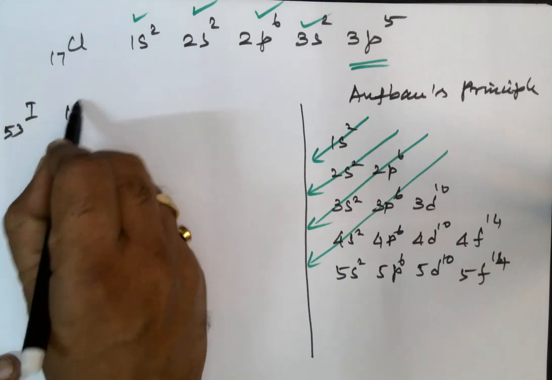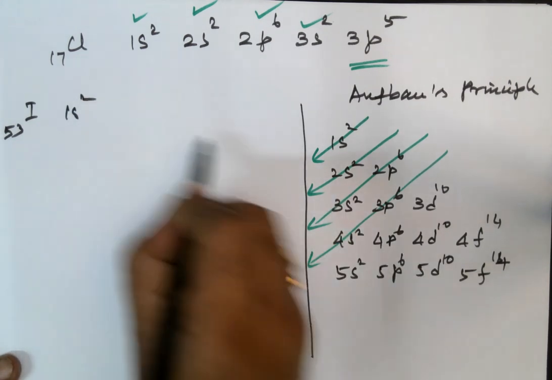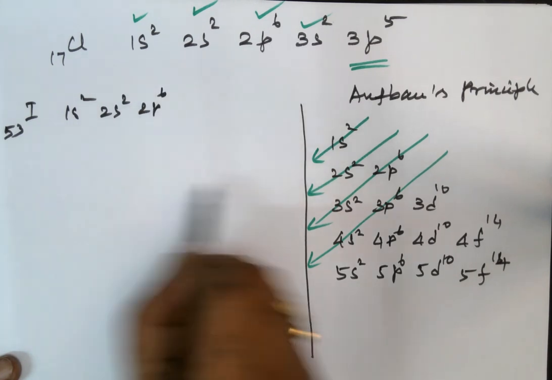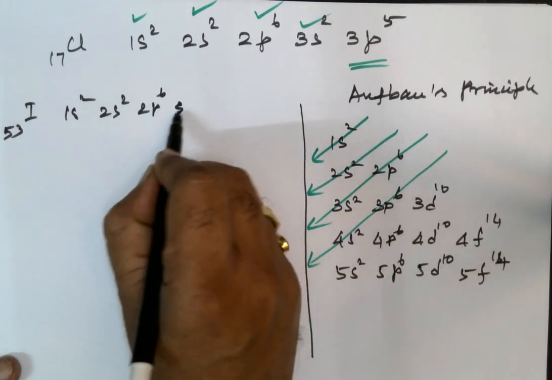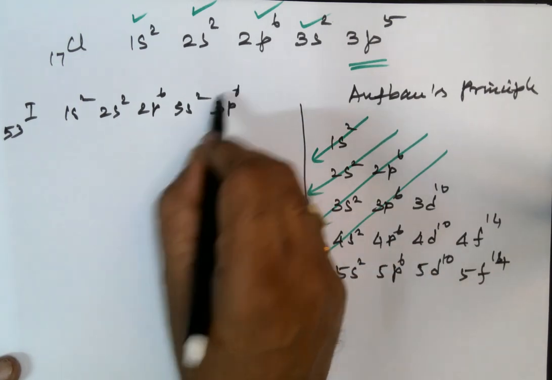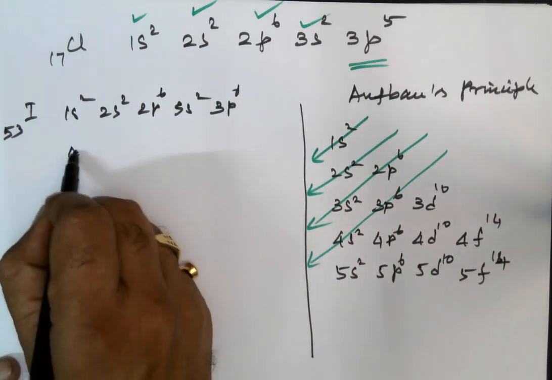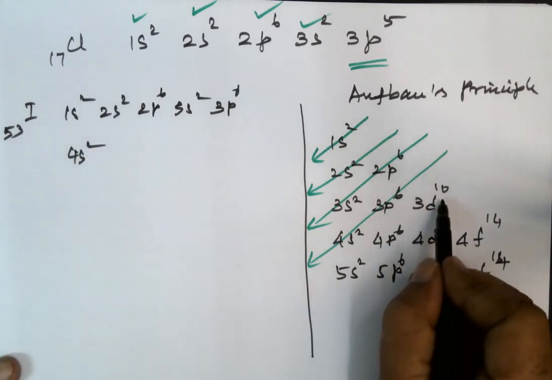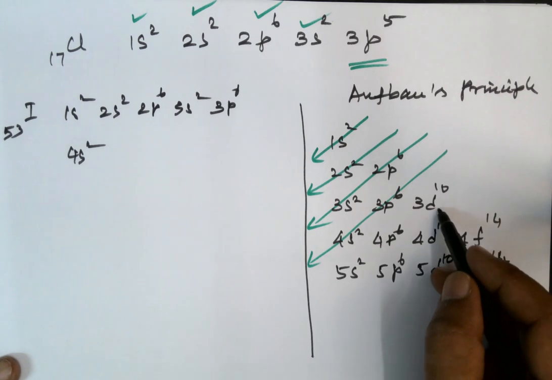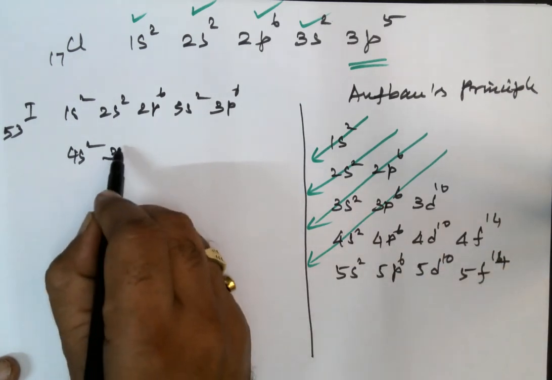Now let us try this. 1s2, 2s2, 2p6, and then 3s2, then 3p6, and then 4s2, then 3d10. Are you able to follow?